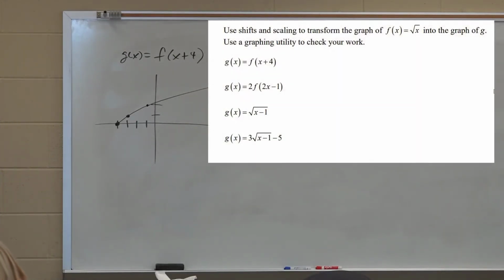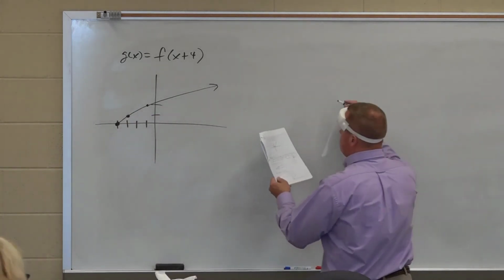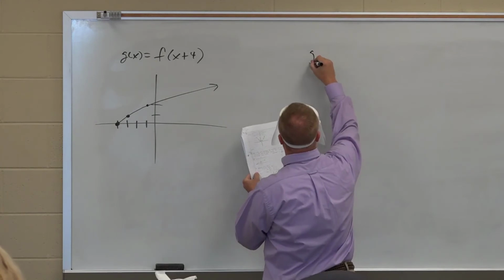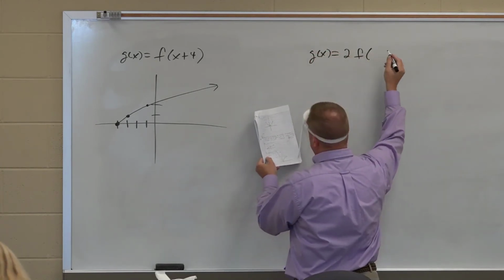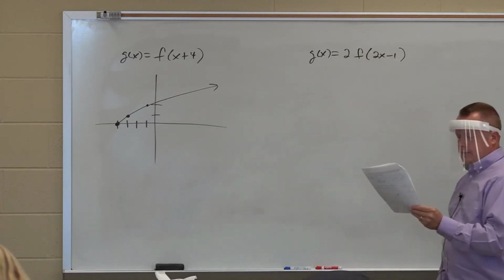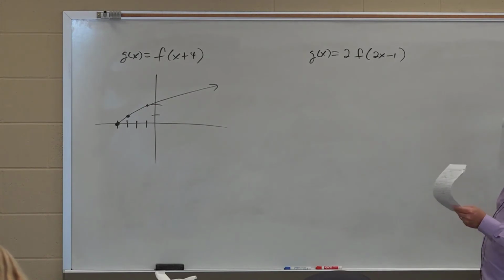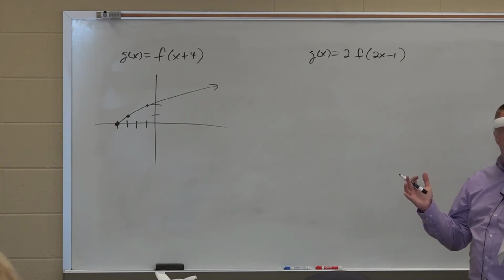All right, the next one, g of x equals 2 times f of 2x minus 1. Okay. So that one's a little bit more complicated. What I would do on this one, I think, is take the points that I know are on the regular square root function.